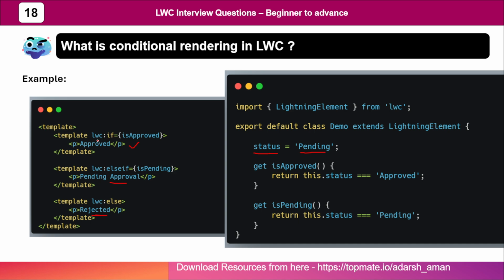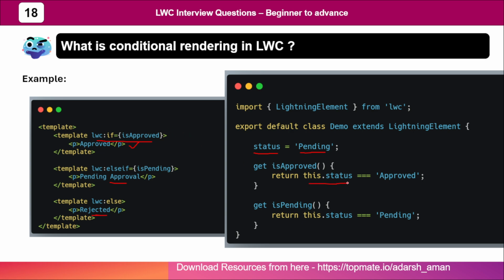By writing else if. First, LWC will check from top to bottom, and if any condition matches, it stops there and prints whatever is inside that template. So first it is checking whether this condition isApproved is true. Let's say the value is pending, right? So what is it going to return from the JavaScript?